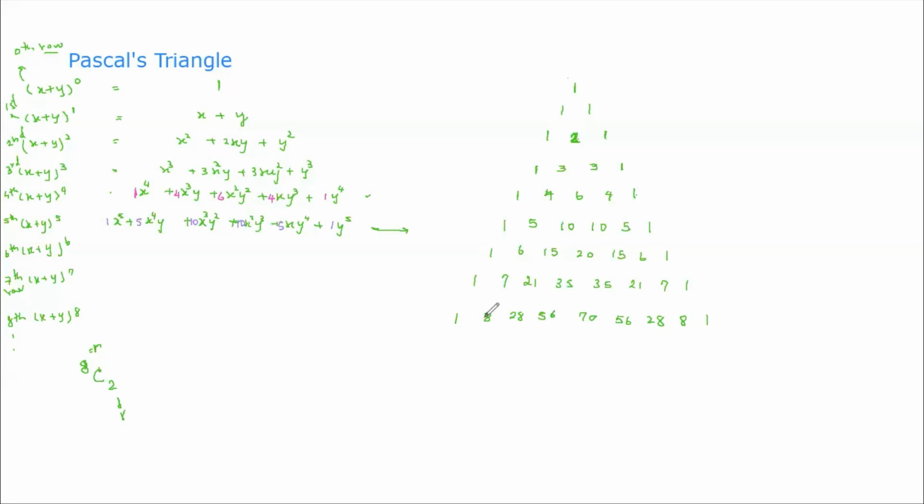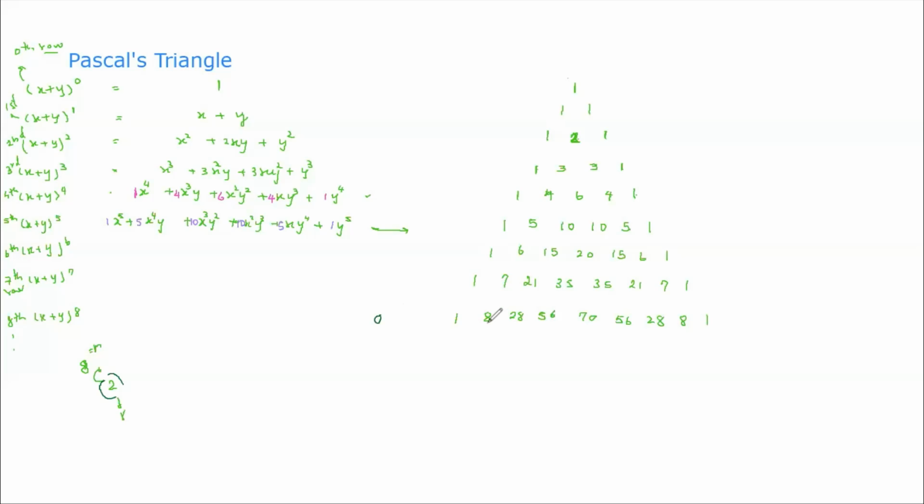So now this is the 8th row. And the 2 here represents the term count, because the first one on the edge is counted as the 0 term.